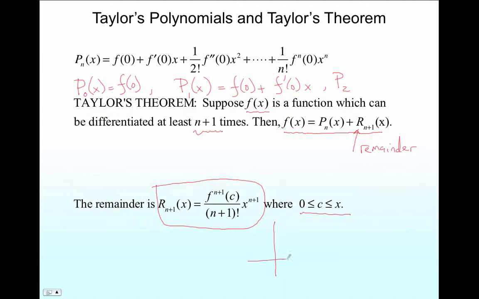So in other words, if you're trying to approximate this function, which is like this, and you know all the derivatives of f, then if this is the point x, then this point c lies somewhere between here and here. It could be large, it could be small. If it's large, then the remainder term is going to be large, in which case this is not going to be very good. But on the other hand, if the remainder is small, then you're in good luck. And you're going to get a very accurate representation of f.